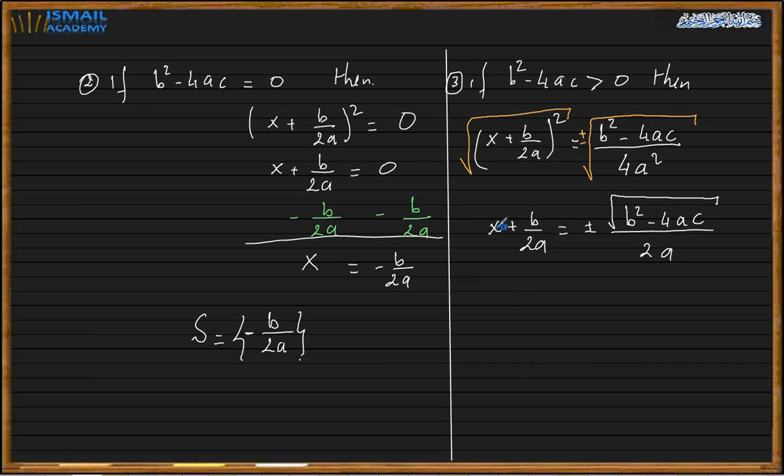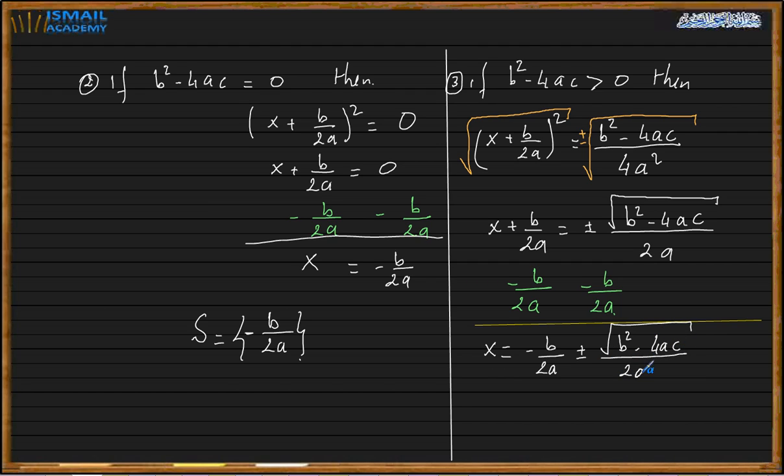So we're looking for x, so we subtract b over 2a from both sides. So we will end up having at the end two distinct solutions. So we have x equal minus b over 2a plus or minus the square root of b squared minus 4ac over 2a.